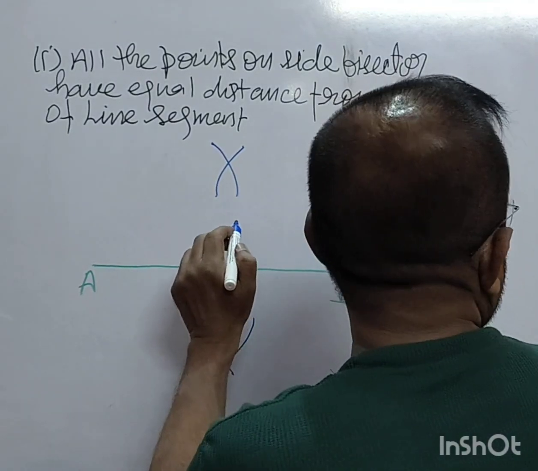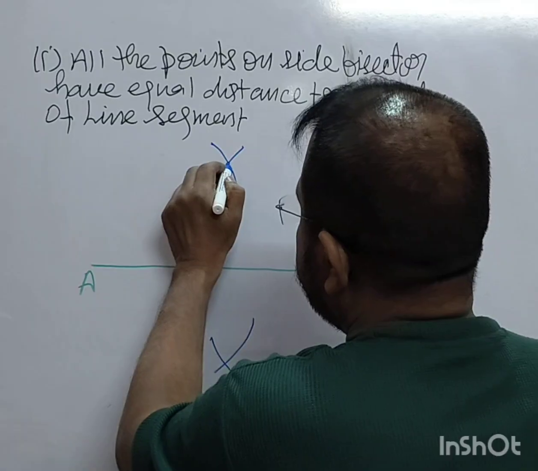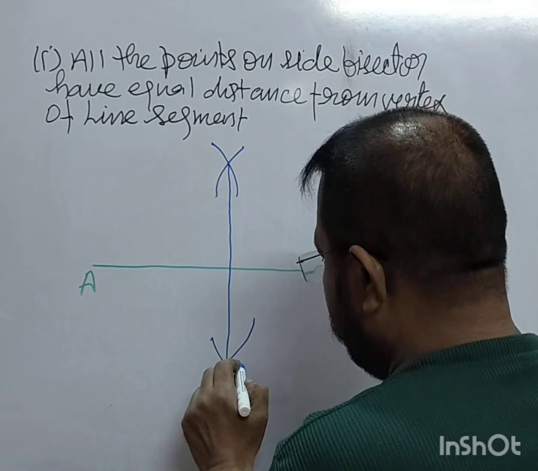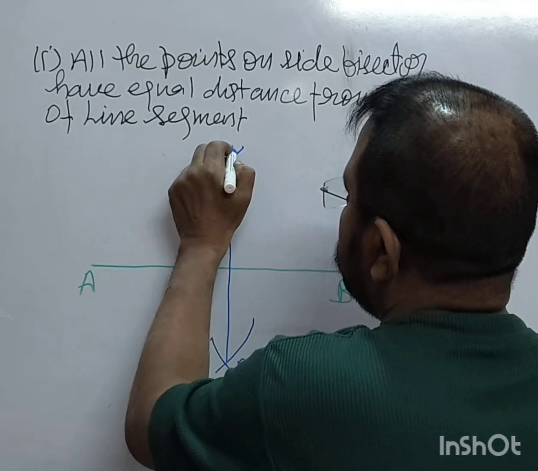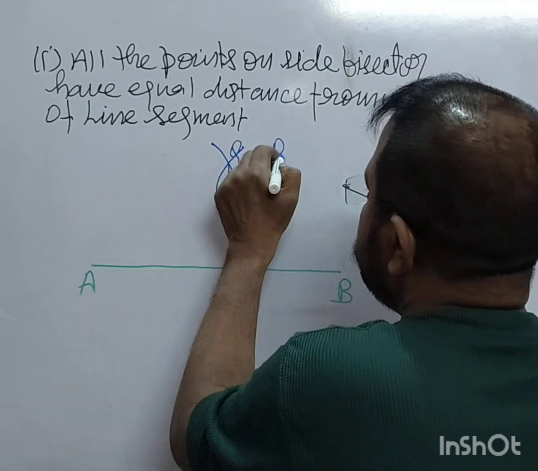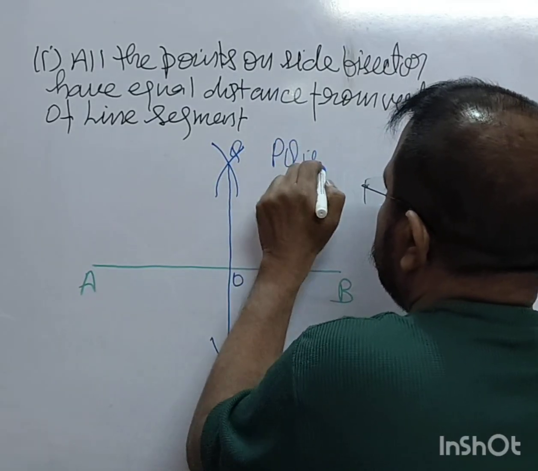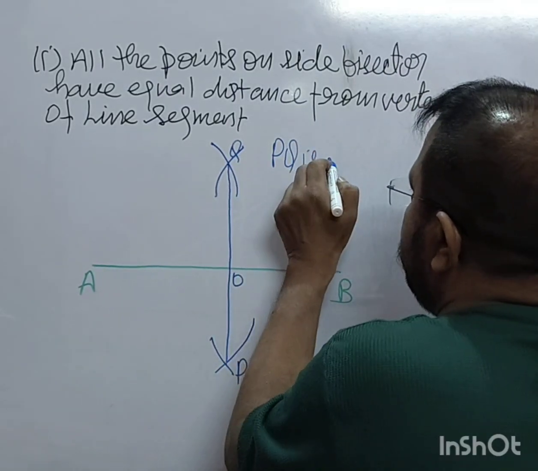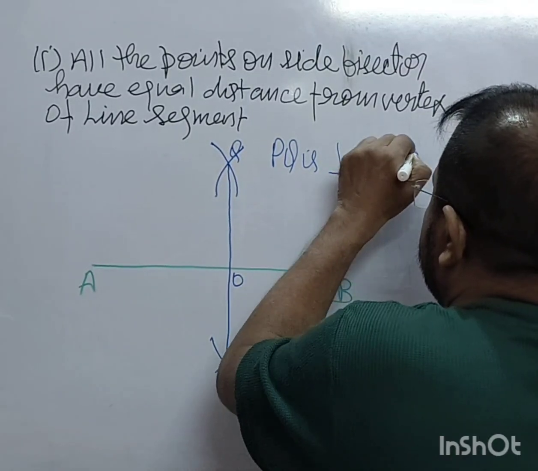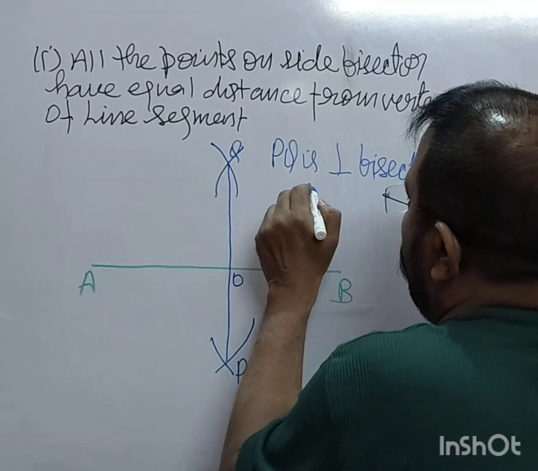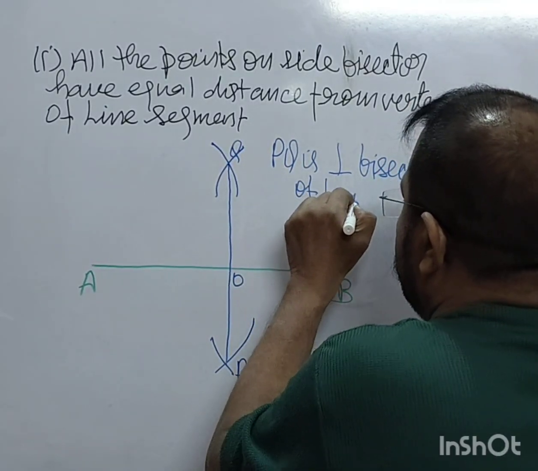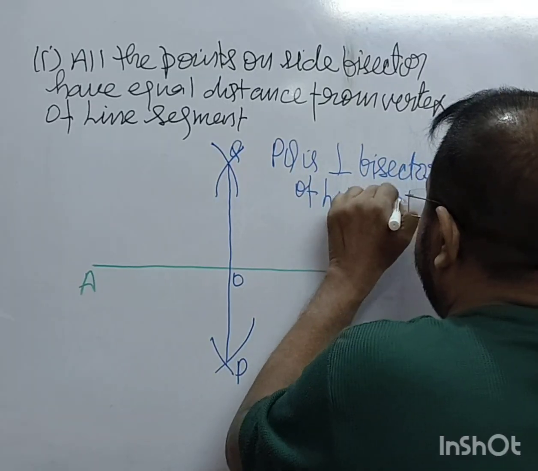When you draw the line like this, this is PQ intersecting at O. So PQ is the perpendicular bisector of line AB.